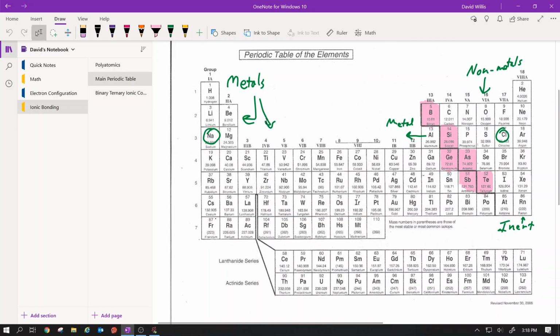We've got some metals on the left-hand side and some non-metals on the right-hand side. The noble gases are inert and non-reactive because they've already got their valence shell completely filled. Highlighted in pink are some metalloids that are sort of metallish. They have some characteristics of metals and some not.